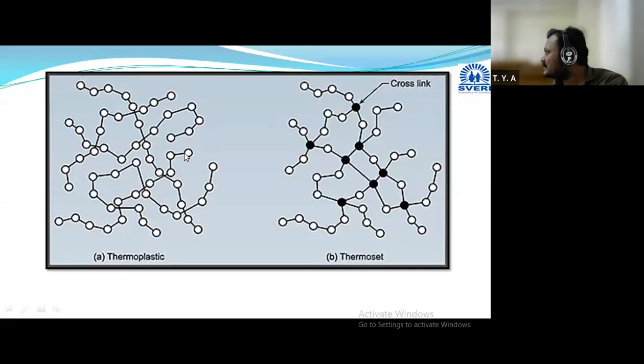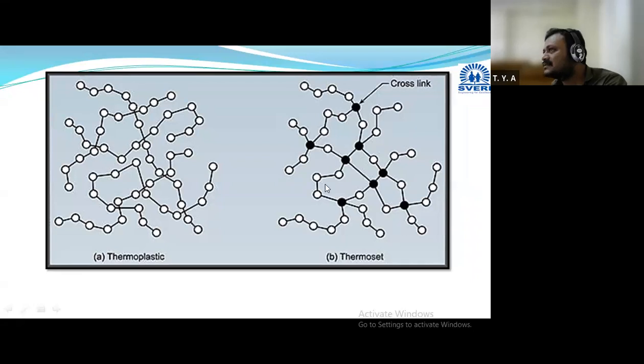Are you getting this? Only one chain is there. This is one chain, means one chain is not connected to the other chain. Here you can see linear bonding, only a single linear chain. This is thermoplastic, but in case of thermosetting plastic material, this is a linear chain and it is attached to another linear chain.